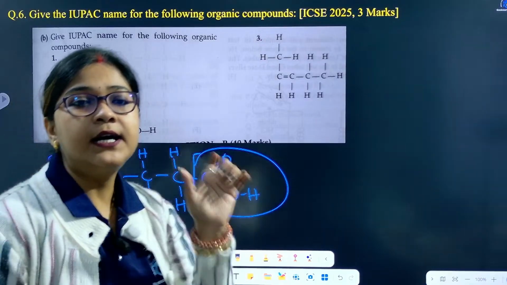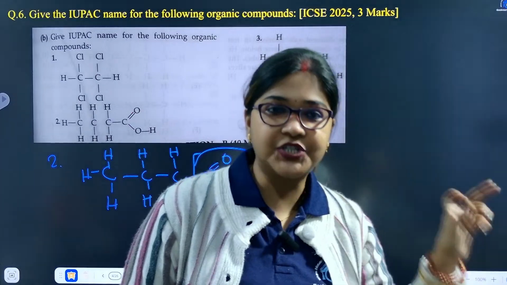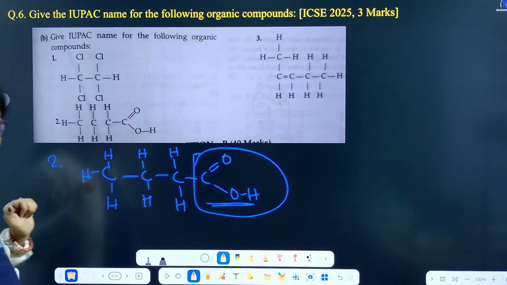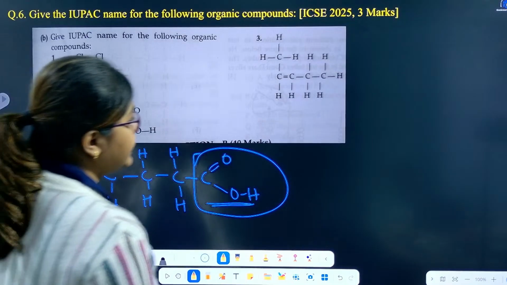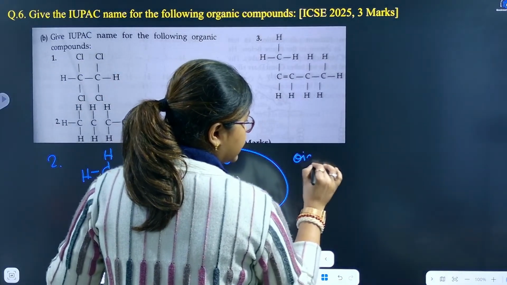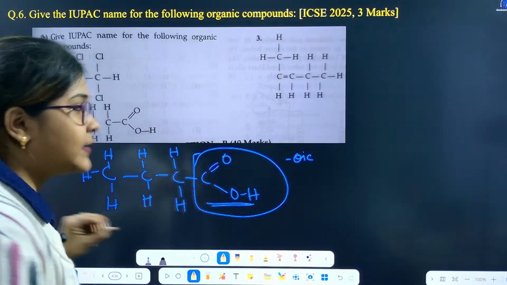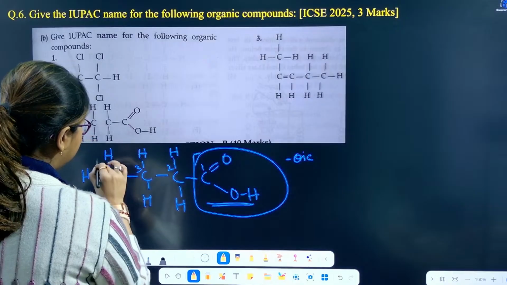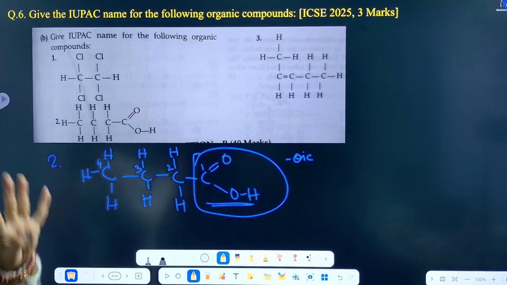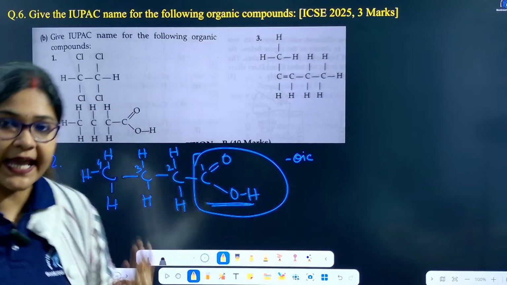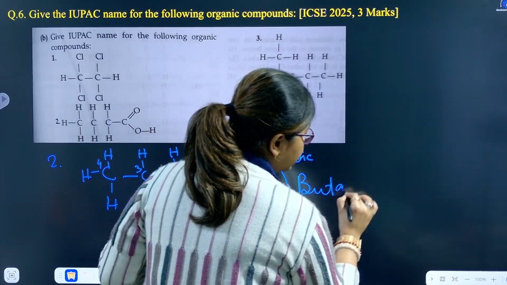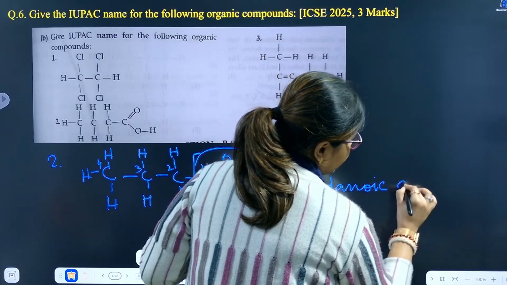COOH. It is a carboxylic acid functional group, right? So, whenever it is carboxylic acid, what it will be? OIC. Remember? So, how many carbons? 1, 2, 3, 4. Okay? 4 means what? Butane. So, you see what this will be? Butanoic acid.